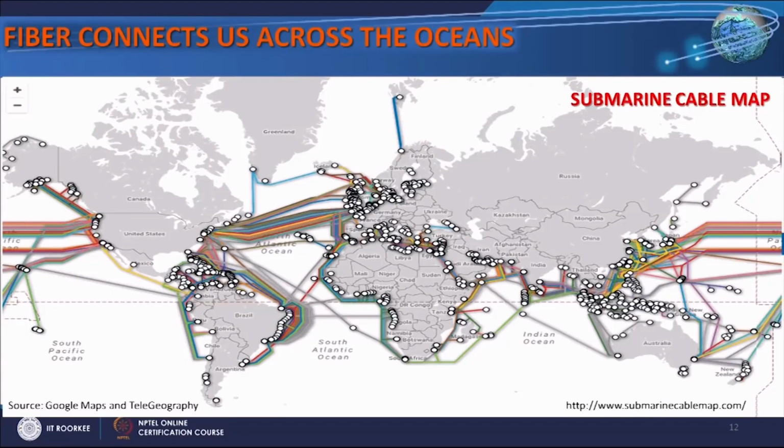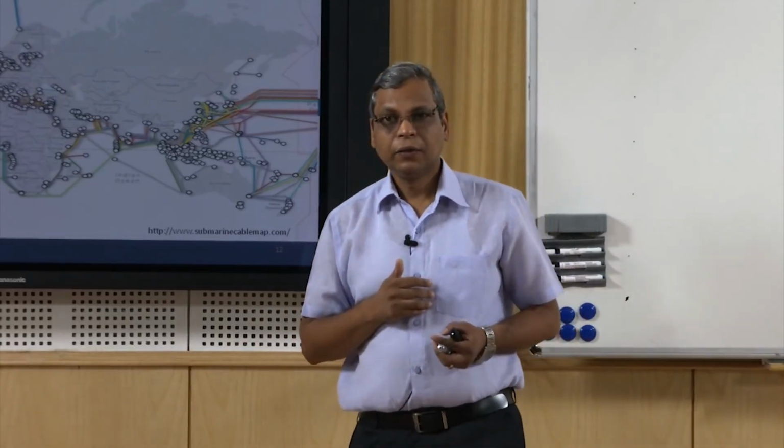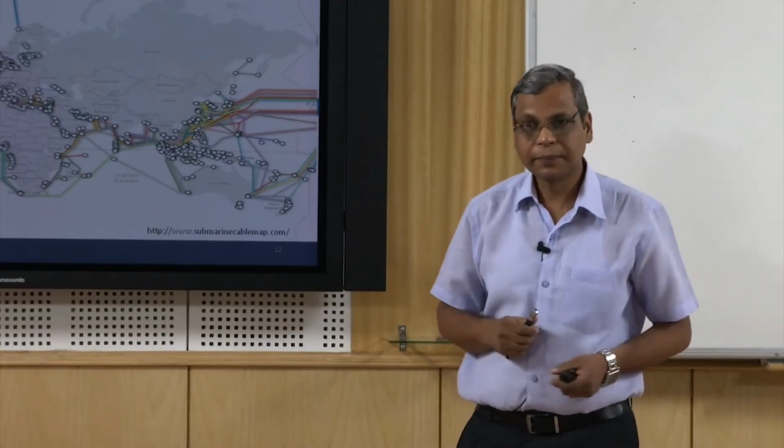This is a submarine cable map. It shows that millions of kilometers of optical fiber are lying on the seabed, connecting the whole world. Here you are in India, and then you can go to Europe and to the US. So it is this fiber which takes your data from Mumbai to New York. It is this fiber which downloads data from Europe to your computer in Roorkee.